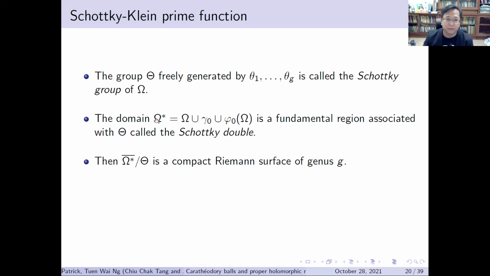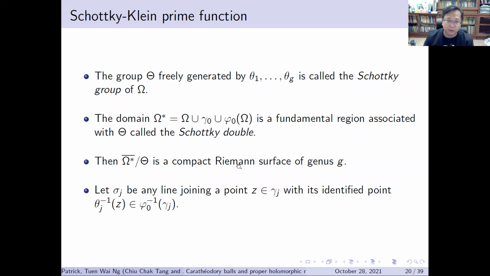This omega star would be called the Schottky double. Then you take the closure and quotient by the group that we just generated. So you will get a compact Riemann surface of genus g.